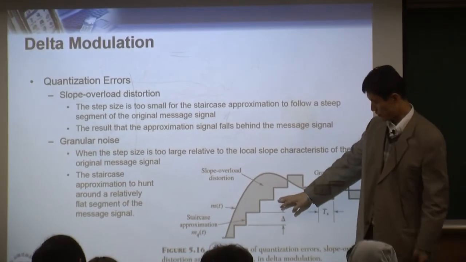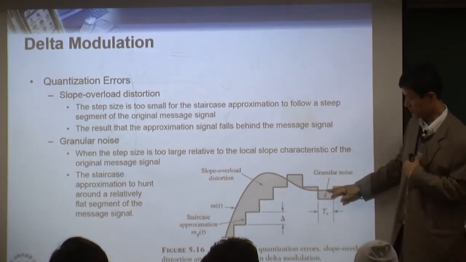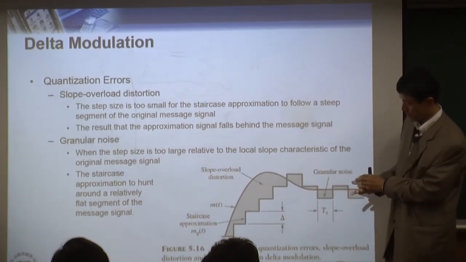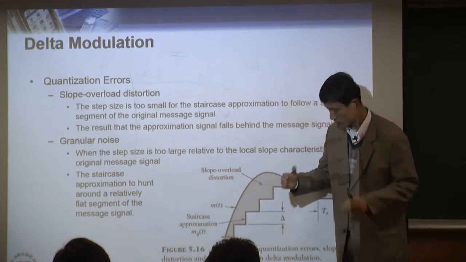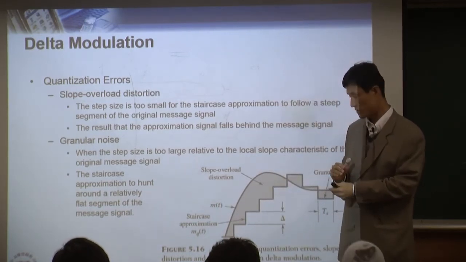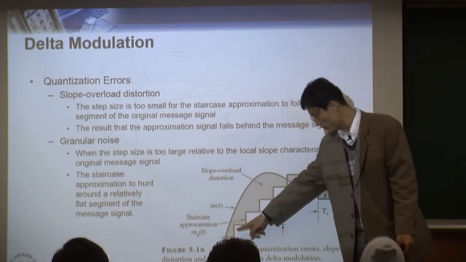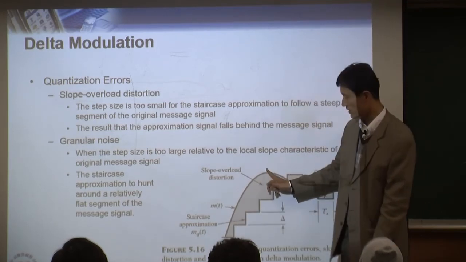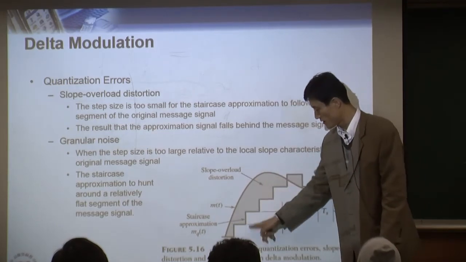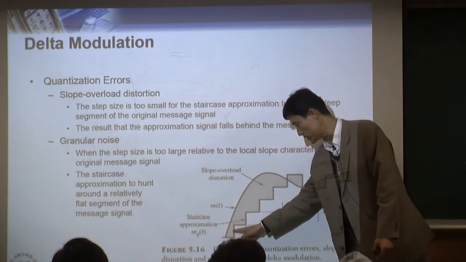Okay, so here's what happens. Let's say this is our original input signal. But when you use DM modulation, if your sampling is too slow, then you cannot catch it. You are trying your best to catch it, but the signal goes up too quickly, and you have your own sampling frequency, so you can only catch so much.